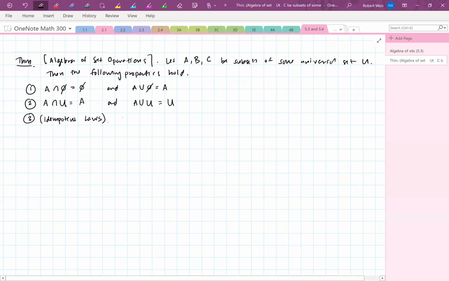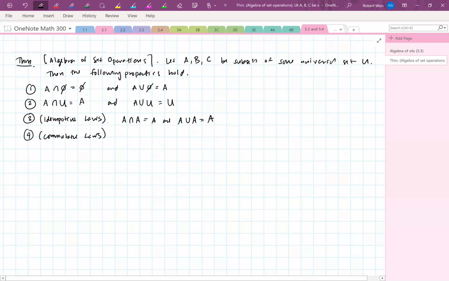That doesn't make it that much clearer, though. What the idempotent laws say is that if you intersect A with itself, or you union A with itself, you get back A. If you do an operation of something with itself, it stays the same. Idempotent laws.